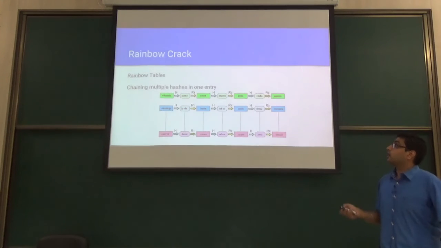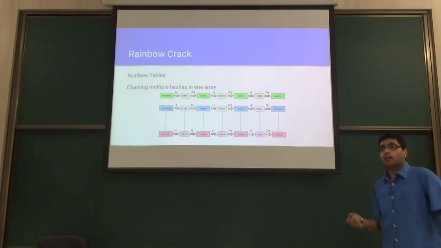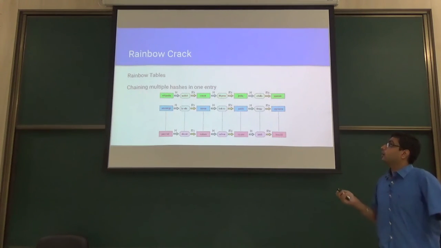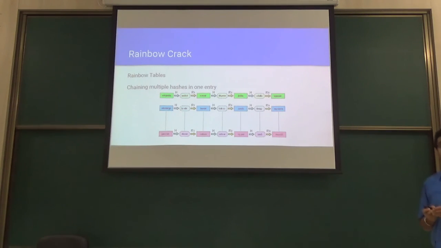If two chains approach the same point, where the chain merges, there is a collision, and in that case it will be difficult to detect the password. There are collision detection and removal techniques, but it is better to use different reduction functions. The more different reduction functions you use, the better the coverage and the lower the table size. If you want to know the mathematical details, I'll share the link with you.